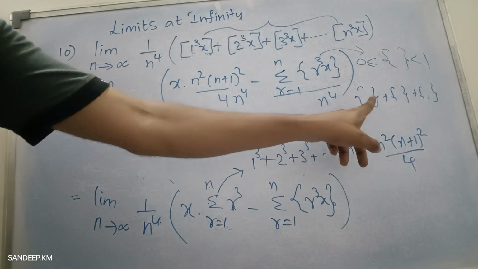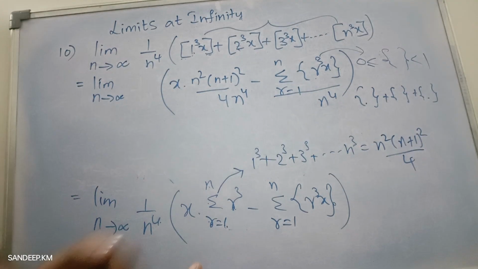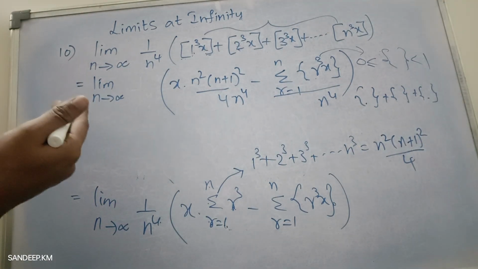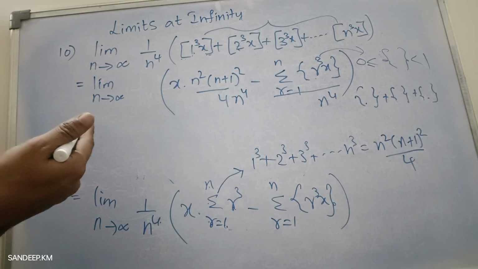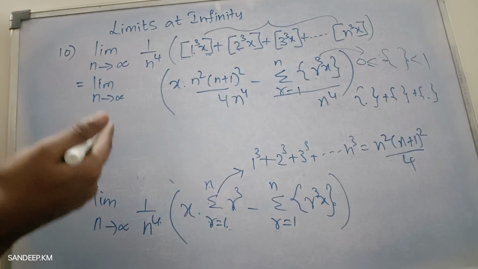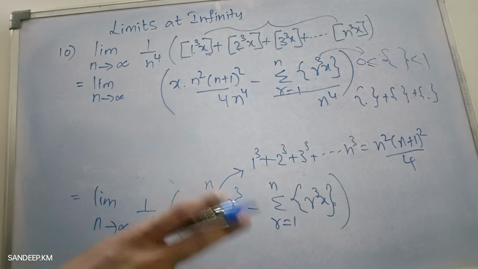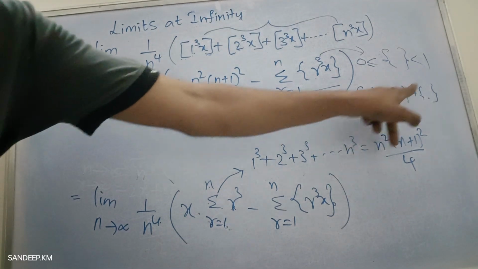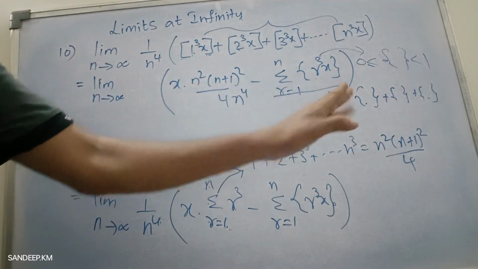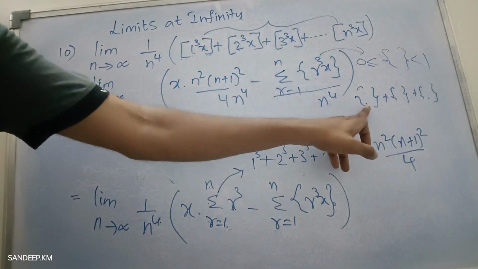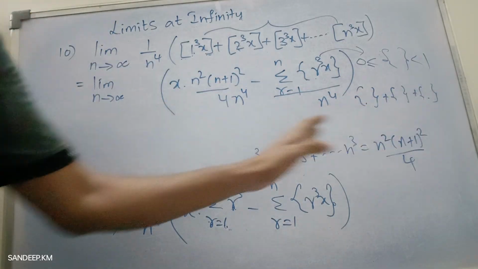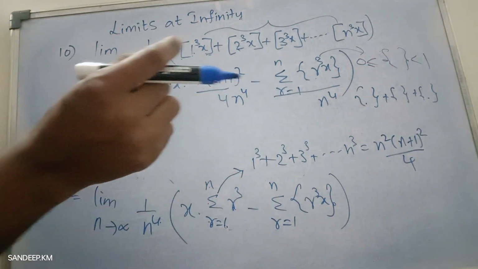Look at the sum of infinite terms in a geometric progression. You will get a by 1 minus r. You will not write infinity as the answer, correct or not? For the same reason, proper fraction plus proper fraction and so on up to infinite terms will be some finite number.